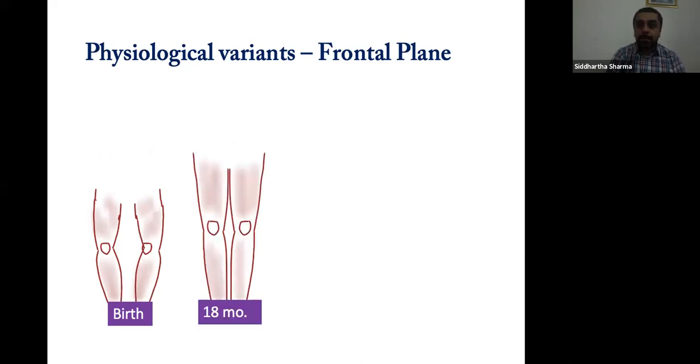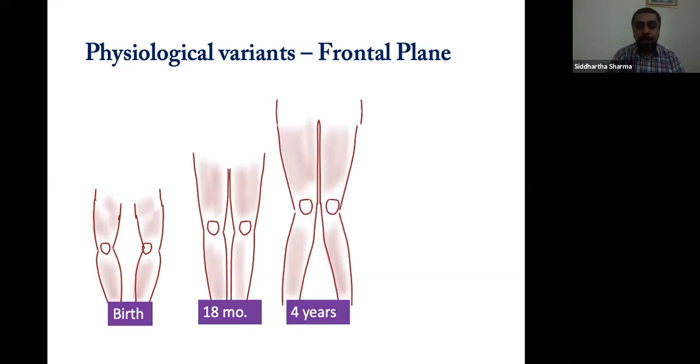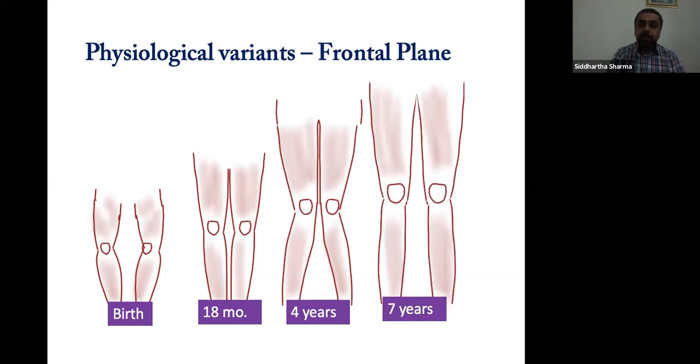By 18 months, or 24 months in some textbooks, this varus will convert into a neutral alignment, which we call rectus. After this, the alignment changes from rectus to valgus. By 4 years of age, you have a maximal valgus. This valgus then starts decreasing, and usually by 7 or 8 years of age, depending on the textbook, you have the adult values.